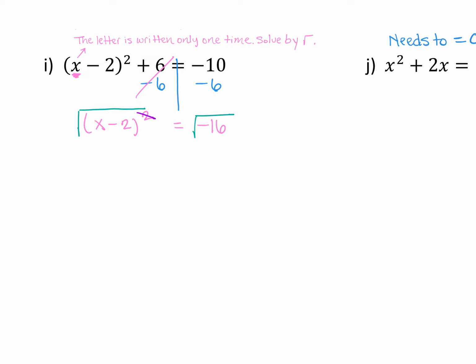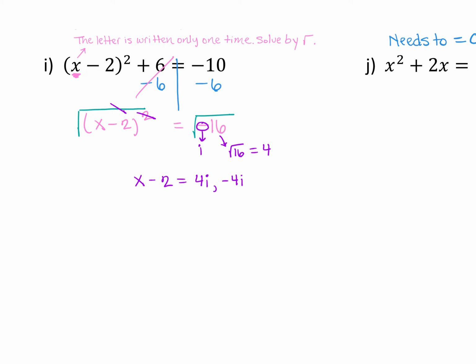The power of 2 and the square root undo each other, leaving us with x minus 2 is equal to, remember that the negative underneath the square root means we have an i. And then the square root of 16 becomes 4, and so this becomes 4i. Because we're square rooting, we have two answers, a positive 4i and a negative 4i.